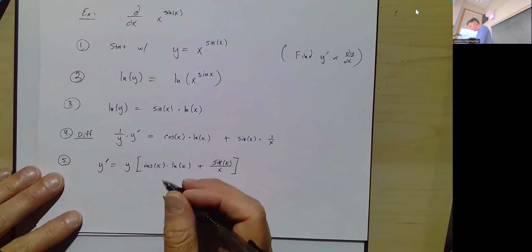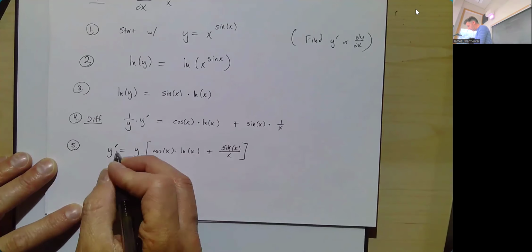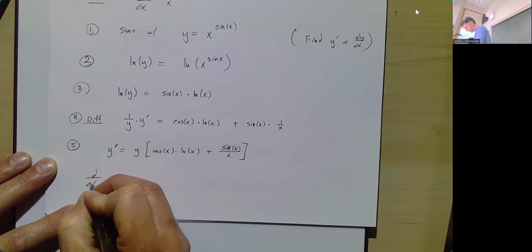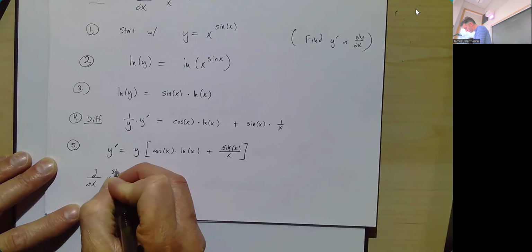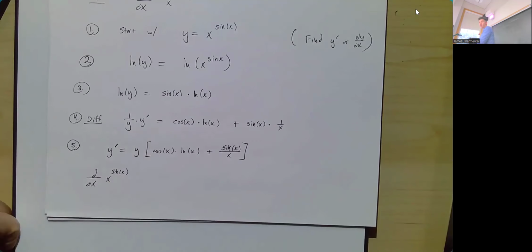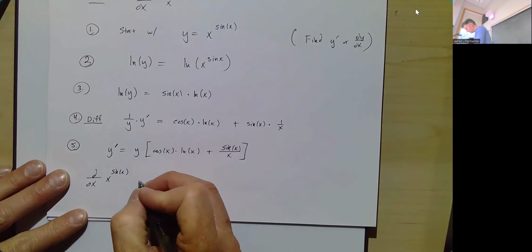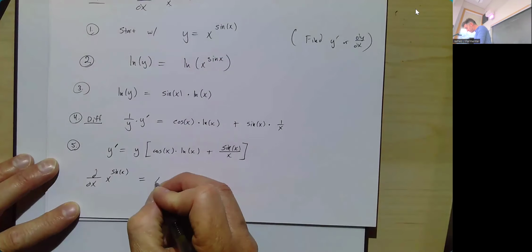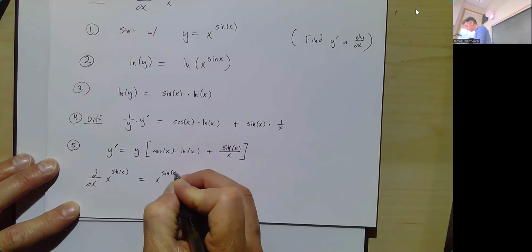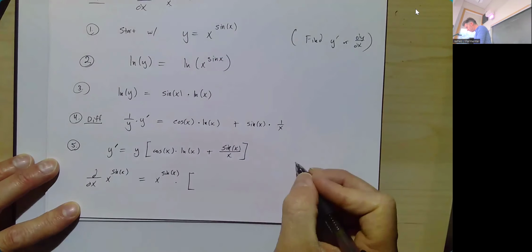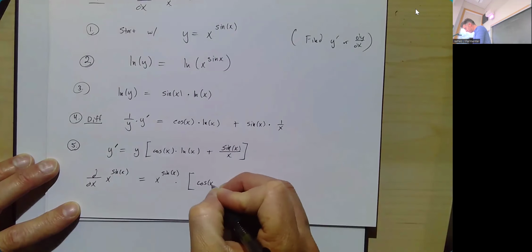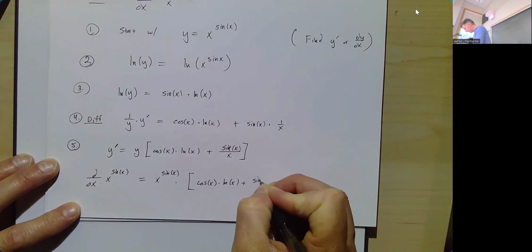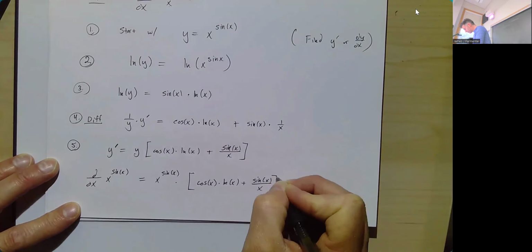So I'm going to rewrite this as y prime, which is the derivative of x to the sine of x. That's what y prime is. It's the derivative of y. And that's equal to y, which is x to the sine of x, times all of this garbage in the brackets: cosine of x times natural log of x plus sine of x divided by x.